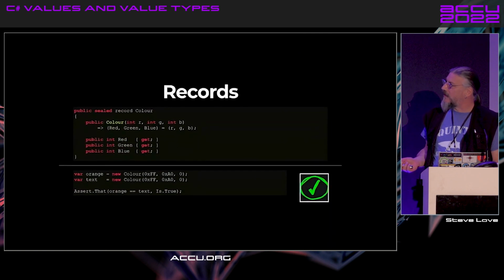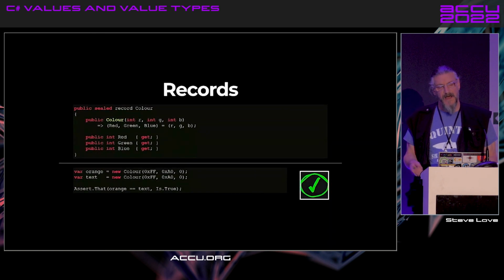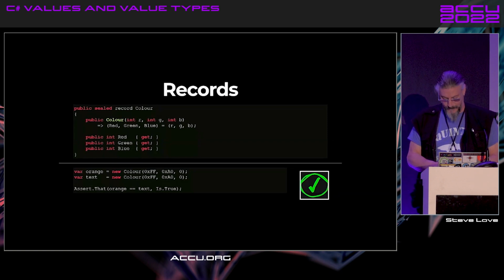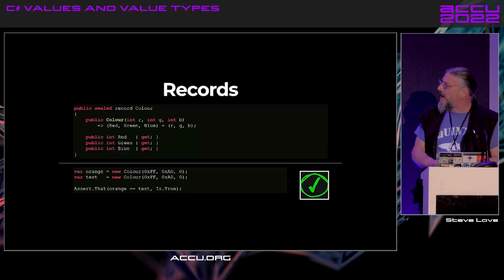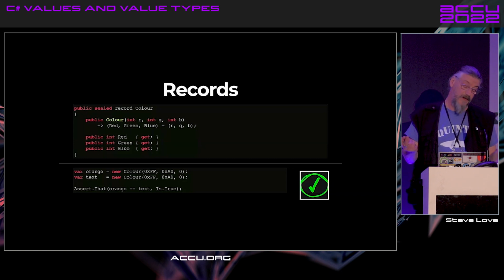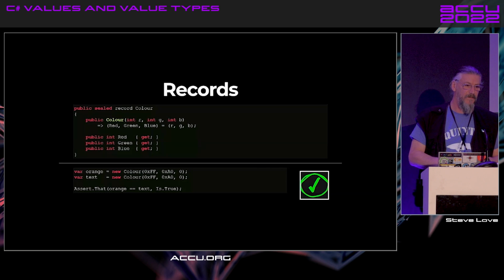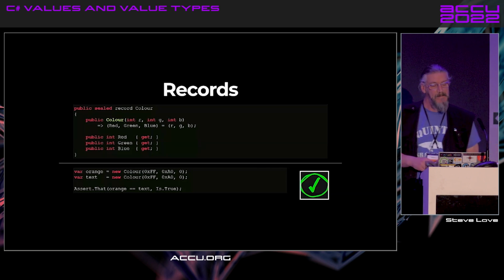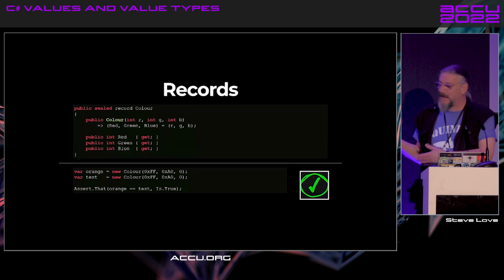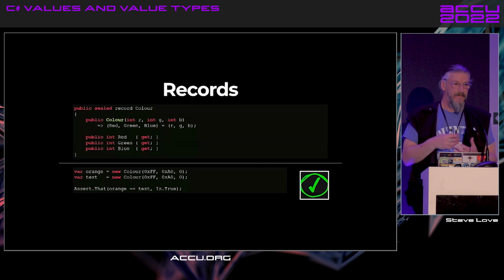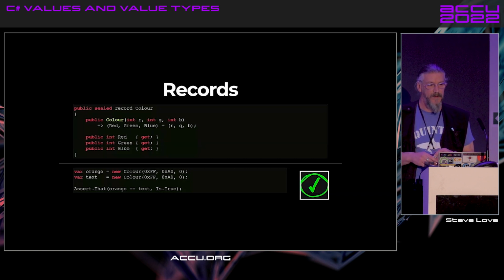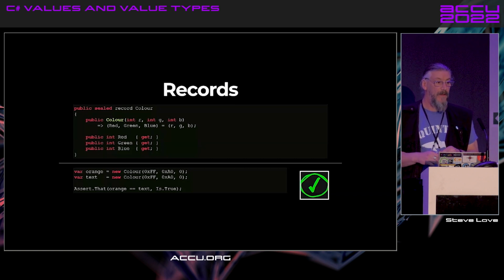So now we get to the new stuff, the really new stuff. C# 9 in 2020 introduced records, which was, as far as I understand it, Java feature envy. So Java introduced it about a year or so prior, and I'm fairly, I don't know for sure, but I'm pretty sure that they nicked it from one of the functional languages or another. And its purpose is to provide a simple way of having value-based equality implemented for your class by the compiler.